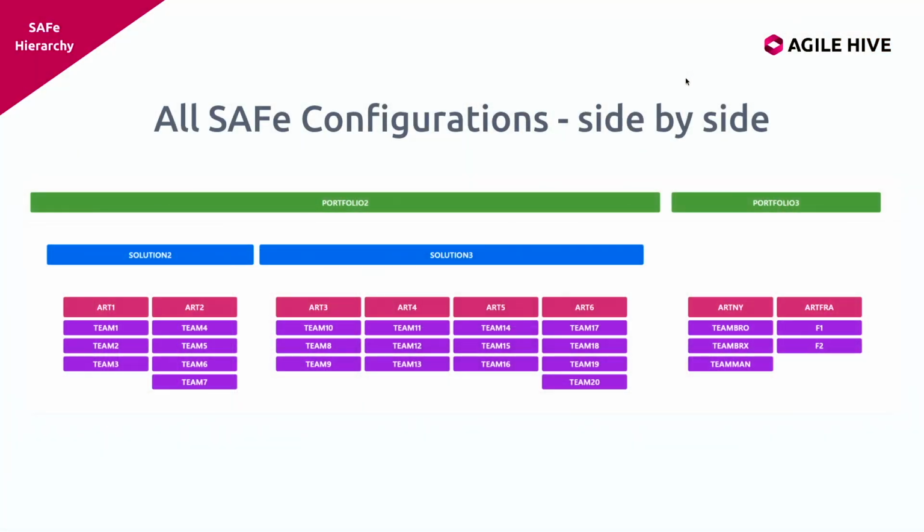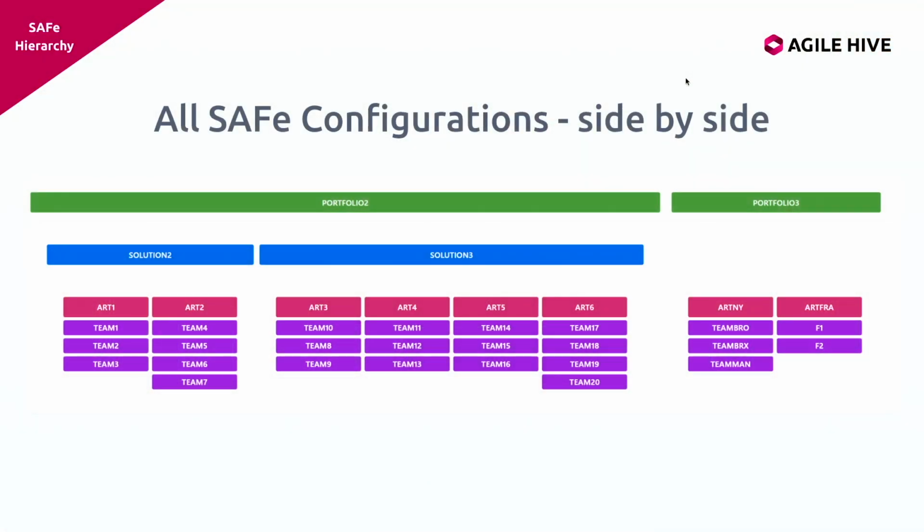Here's another example. On the left side, Portfolio 3 is also in the game. Agile Hive provides the SAFe configurations out there. There are 4 SAFe configurations, and Agile Hive supports all of them, side by side.